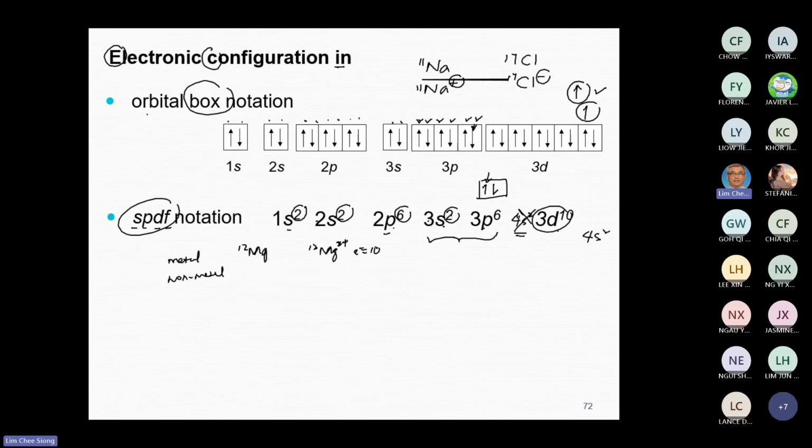Equal to 10, because 2 electrons are donated to form the ion. However, for oxygen, we have totally 6 electrons and 6 protons in the atom. But when you form the oxide ion, the protons still remain 6, but now the electron number will be different. How many electrons will it be? Equal to 8. Why 8? Because 2 electrons are added into the atom to form the ion. So that's why you have to base on 8 or 10 to draw the electronic configuration, either the orbital box or the SPDF notation.